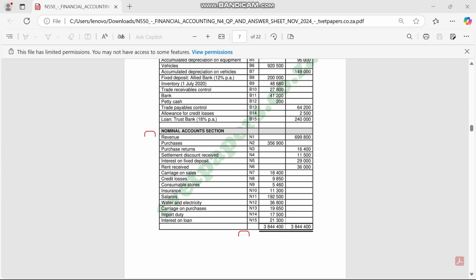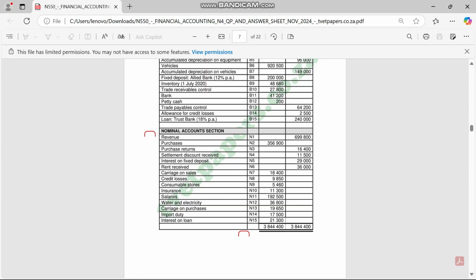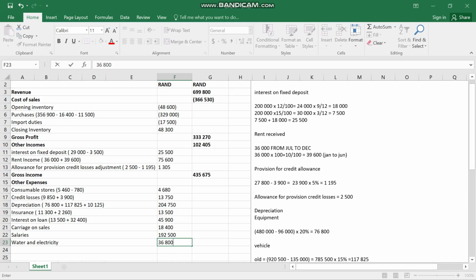Water and electricity, 36,800. What's next? Import duties done, water done, and we are done.